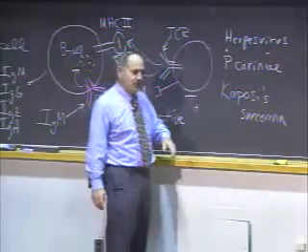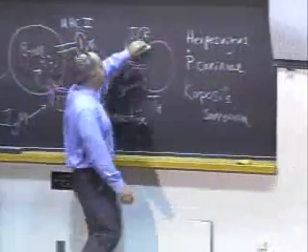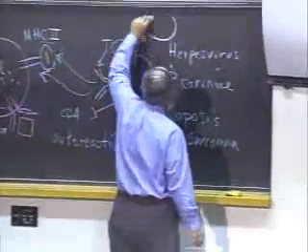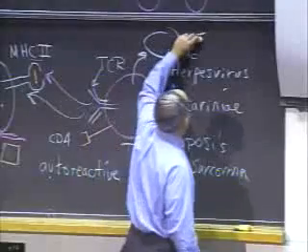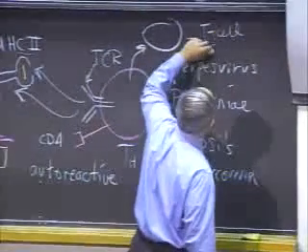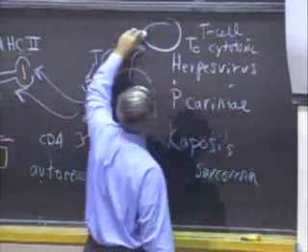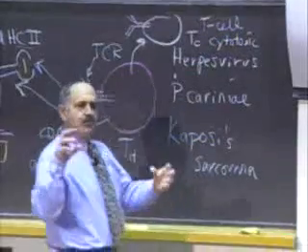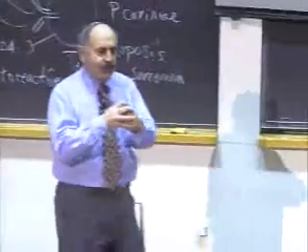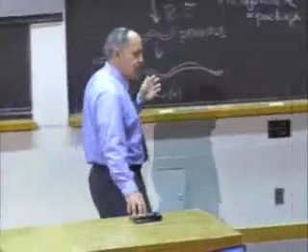It turns out that T helper cells can also help to make another class of cells, which are called cytotoxic T cells. Another kind of T cell, cytotoxic. And these cytotoxic T cells have on their surfaces T cell receptors, which they can use to recognize infected cells and kill infected cells. So the cytotoxic T cells aren't involved in making antibody responses at all.